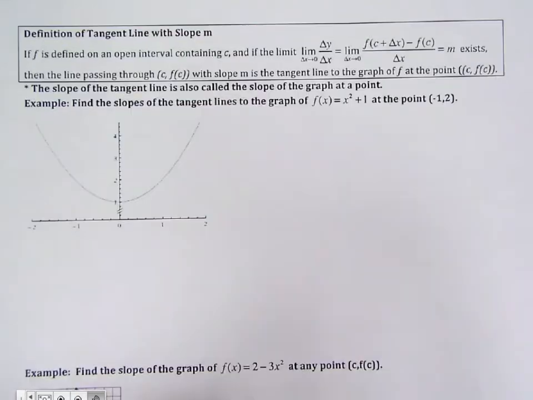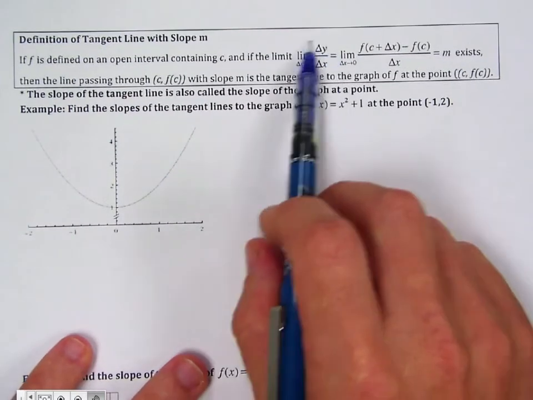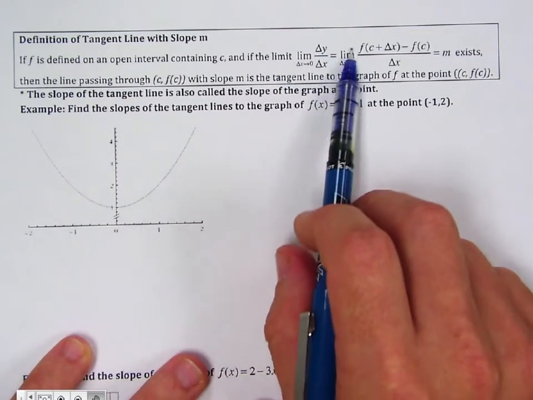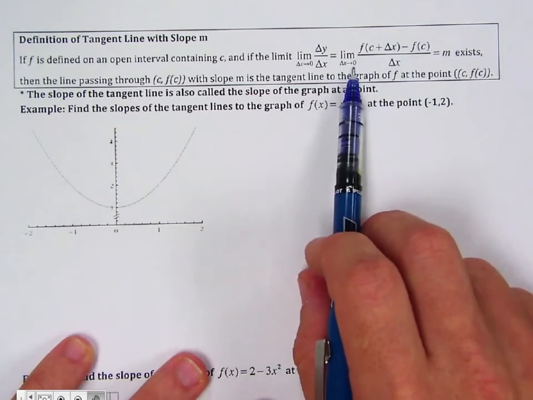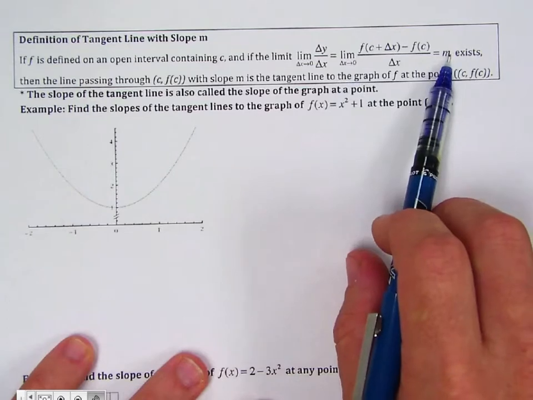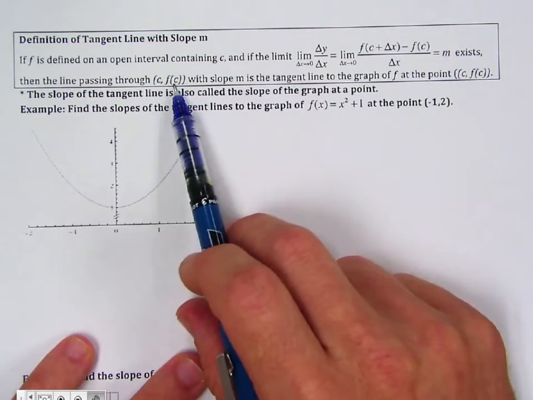So basically what it's saying is, if we can take that limit of the slope of the secant line as delta x goes to 0, that's going to be the slope of our tangent line at that given point.